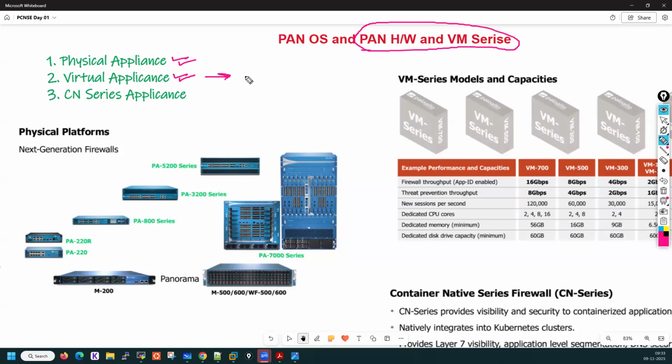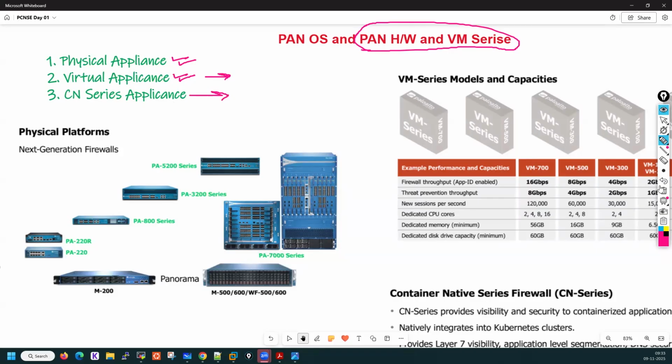Do you know what is a hypervisor? A hypervisor is a virtual environment where we run our machines, like VMware ESXi. Even your cloud solutions like AWS, Azure, GCP, Oracle, right? All of them just provide virtual environments only. They are running hypervisors in the backend. Okay. And there is one more series, which is the CN series firewalls, or the cloud native firewalls.